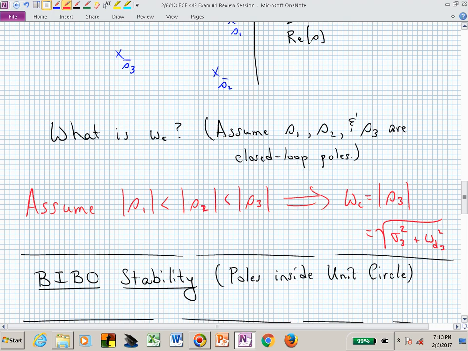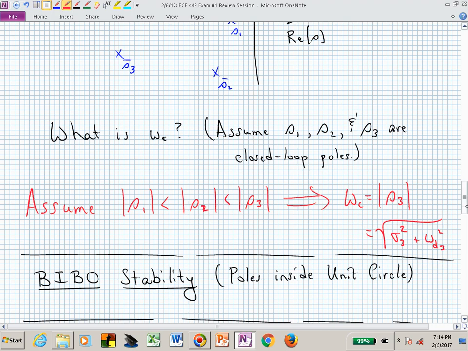If you have a transfer function or a system, and somebody asks what the sample period is if you want to find the discrete time system model, and you have a continuous time circuit that maybe has 5 poles, you would look at the pole that's the furthest away from the origin to find omega sub c, and then you take 30 times that to find omega sub s. Is that clear?